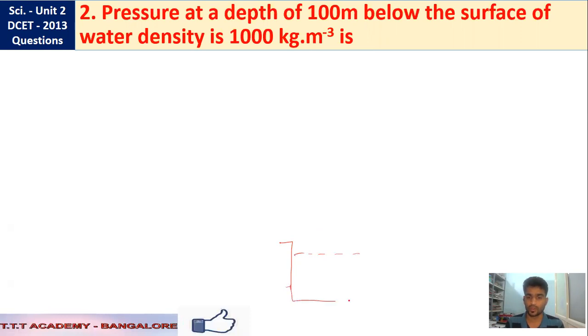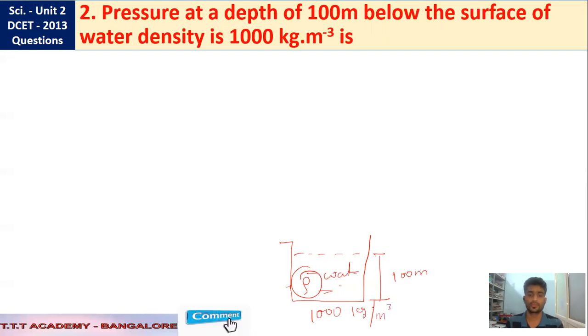The height of the water is 100 meters and the density of water is 1000 kg per meter cube.